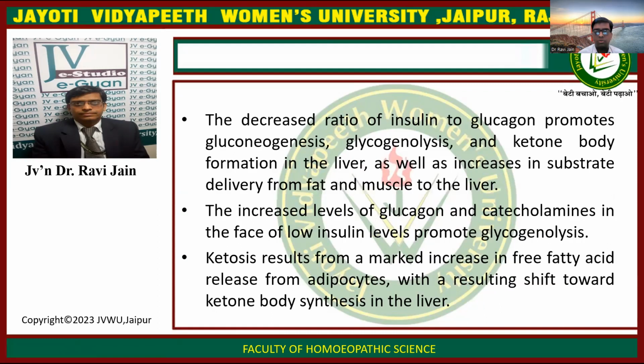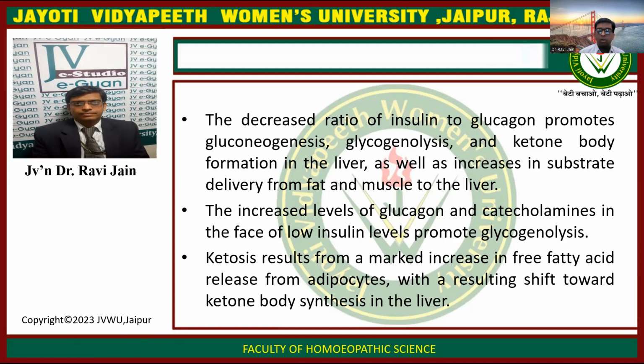The decreased ratio of insulin to glucagon promotes gluconeogenesis. As I have just told you, when there is reduced insulin, glucose cannot be converted into glycogen, and if there is excessive glucagon, more and more stored glycogen will be converted into glucose. So this leads to gluconeogenesis, glycogenolysis, the breakdown of glycogen to glucose, and ketone body formation in the liver, as well as increased substrate delivery from fat and muscle to the liver.